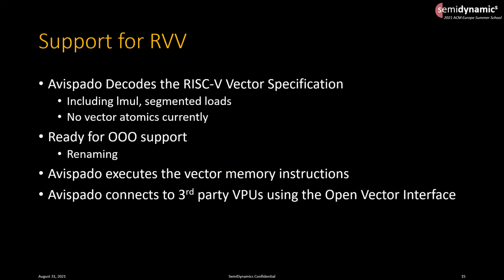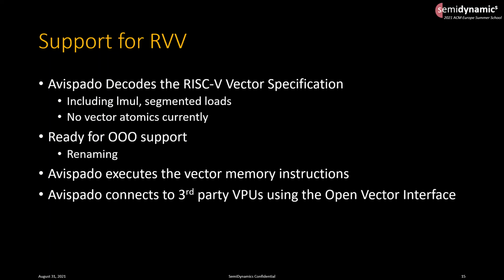We support both the older 0.7 spec, for those of you that follow that. There was a fairly stable release of the spec called 0.7, and we support that one, but we also support the 1.0 specification. The 1.0 specification is substantially different from 0.7, and we do support LMUL, and we do support segmented loads.